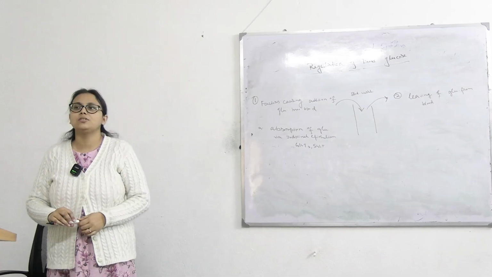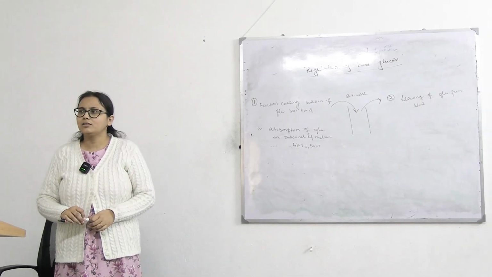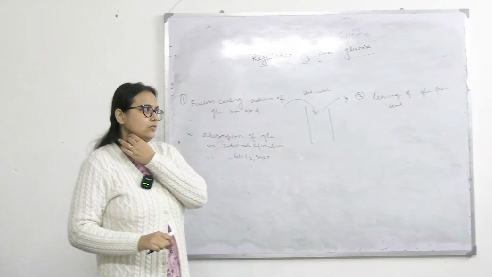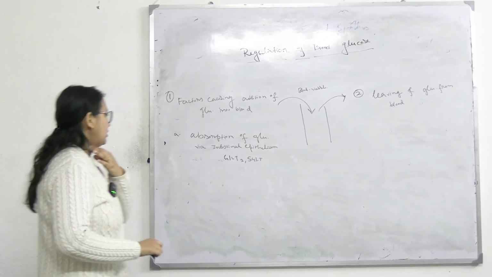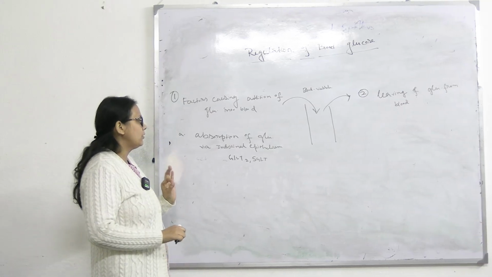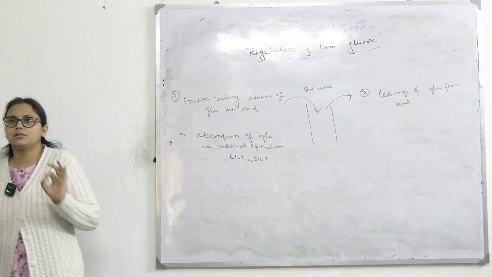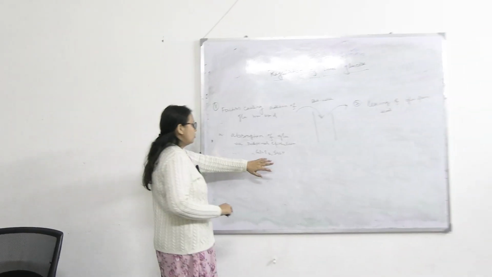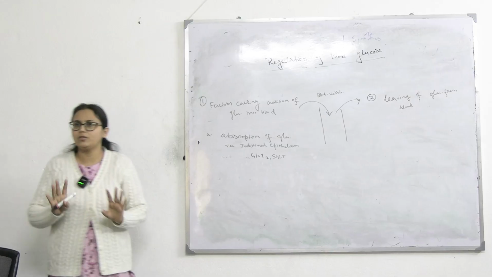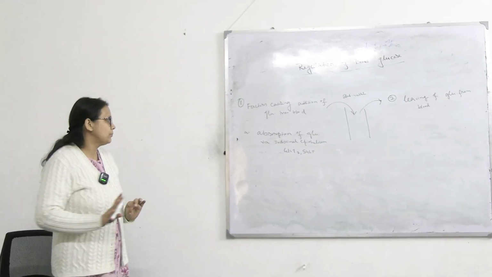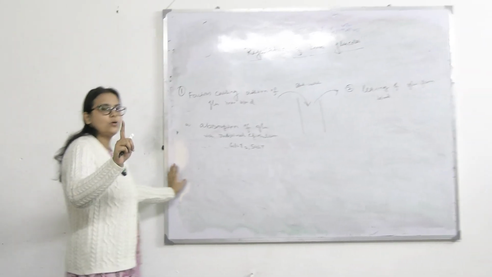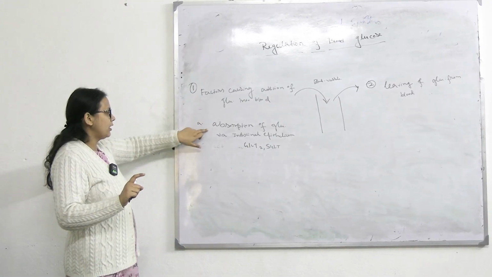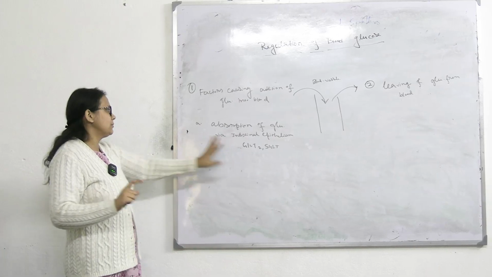Only GLUT 4 has insulin sensitivity, and it is present in muscle and adipose tissue. The rest are not insulin sensitive. This GLUT and SGLT is a very catchy question for your MCQ and Viva. Try to remember all these types of GLUT, mainly GLUT 2 and GLUT 4. So this is the first point, absorption of glucose via intestinal epithelium.